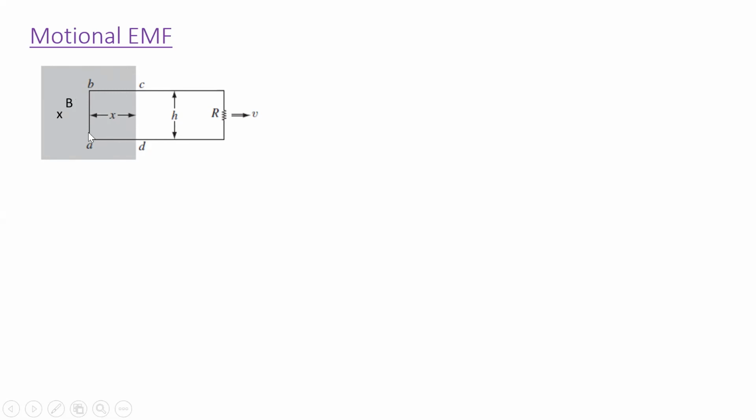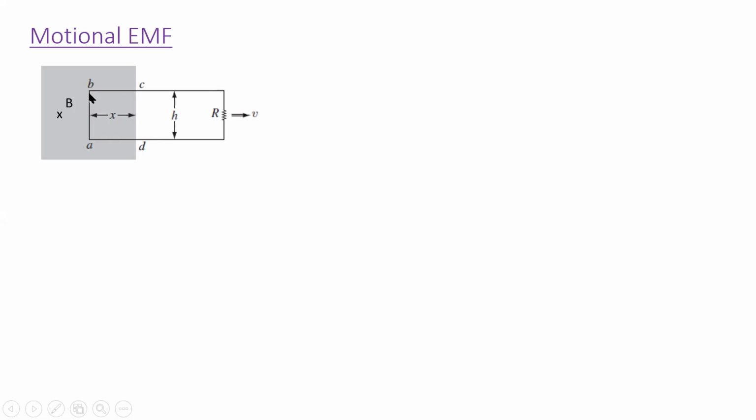Well, the charges, which are sitting here, are going to have a rightward velocity, and the magnetic field is into the screen. So if you set up your right-hand rule, you find that the charges in this part here experience an upward force.